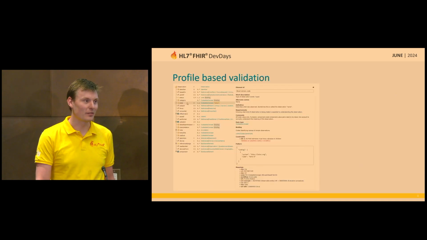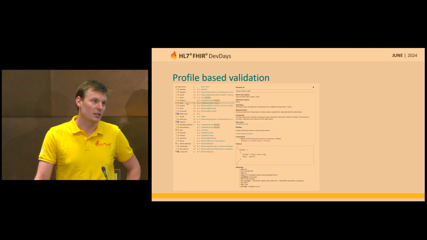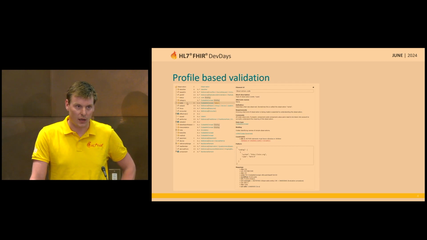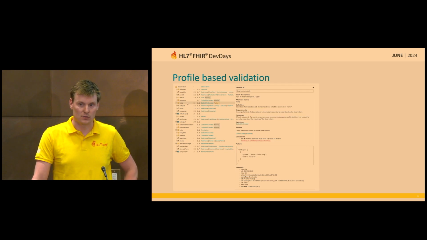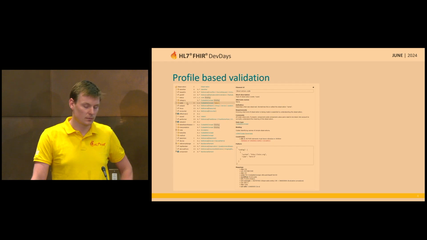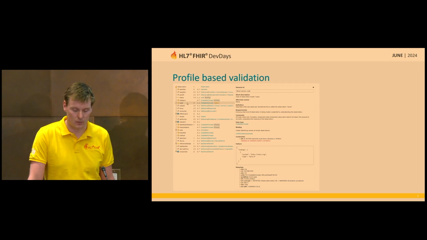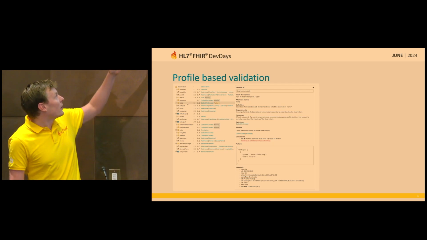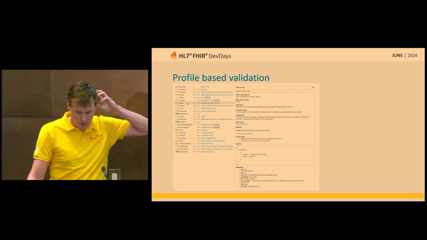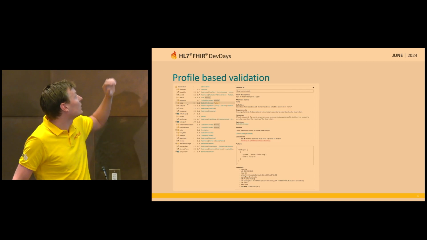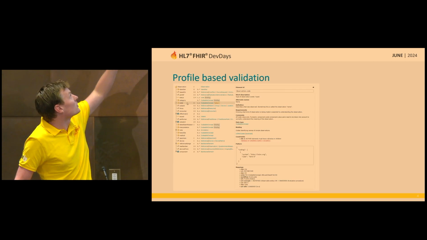I mean, profile validation is actually that you can validate your FHIR instance, for example, a regular patient resource or an observation resource, against the rules that have been defined for it, for example, in US Core. So here's a profile in Simplifier, in this case. So you have all these rules here for this observation.